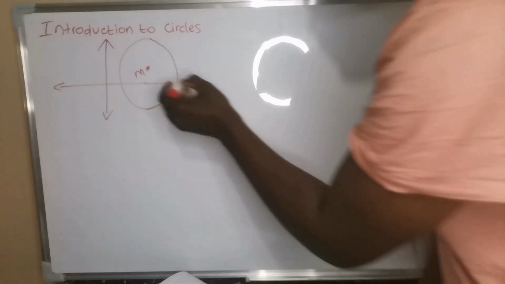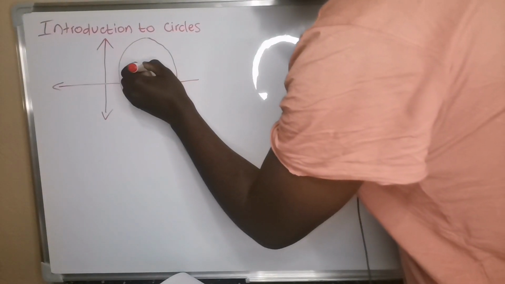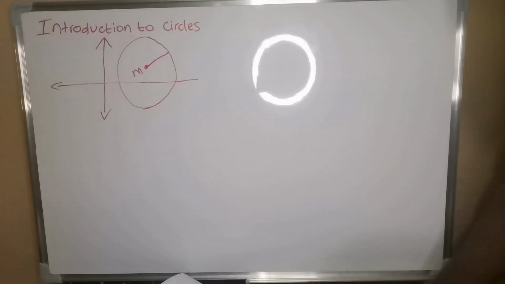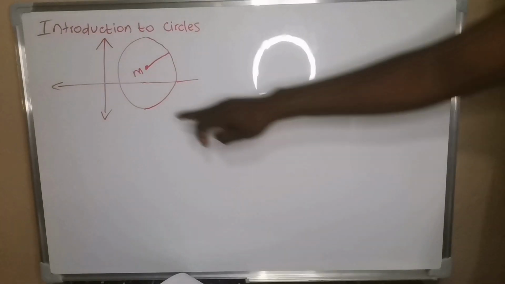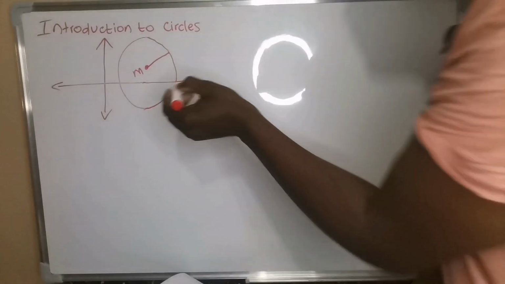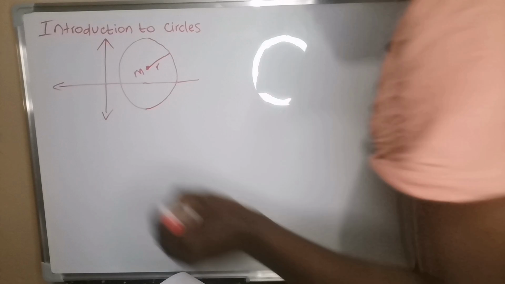This center has got a distance, a length from center to circumference. We learned in circle geometry, if you have a line from center to circumference, that line is our radius r.